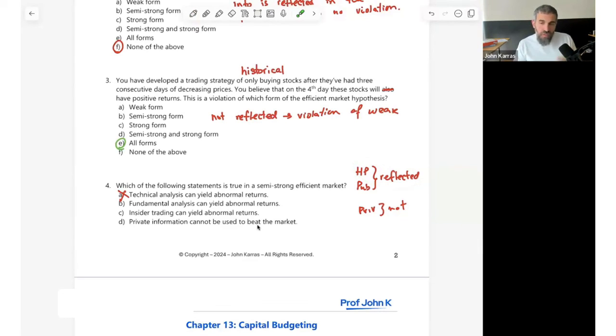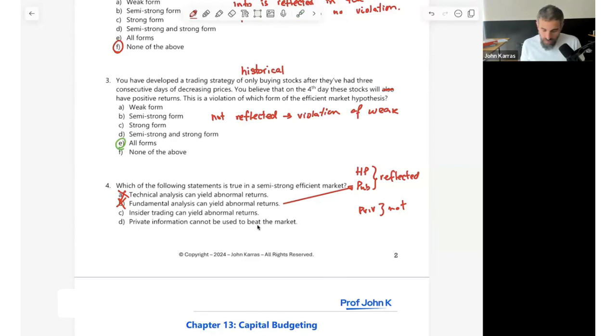And so here, because historical information is reflected in the price, it cannot be used to earn abnormal return. So A is out. B, fundamental analysis can be used? Nope, same thing, because fundamental analysis is what we call the use of public information. So for the same reason that A is wrong, B is wrong.